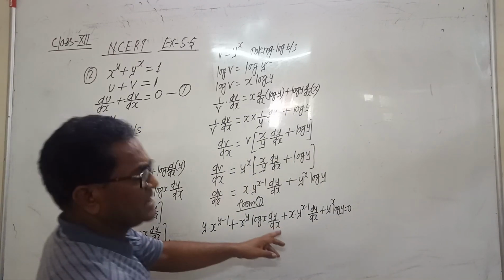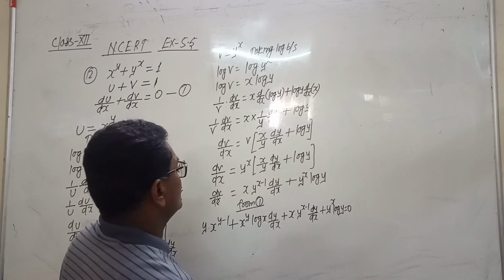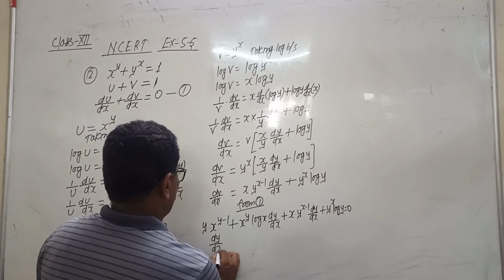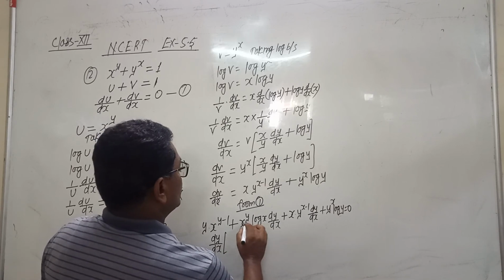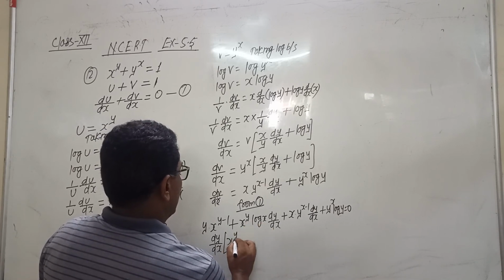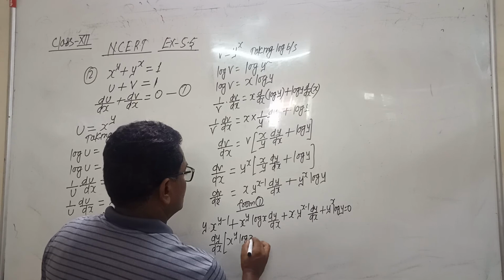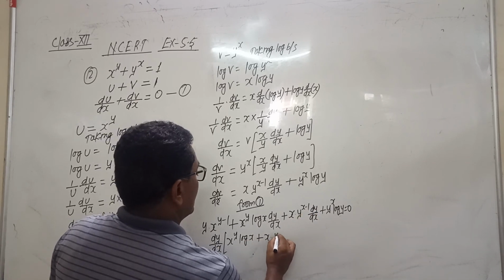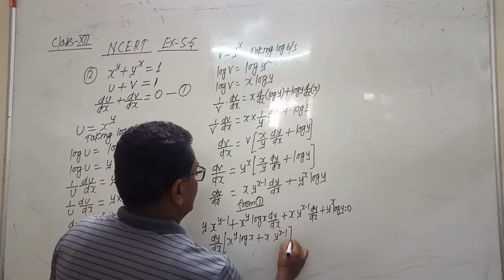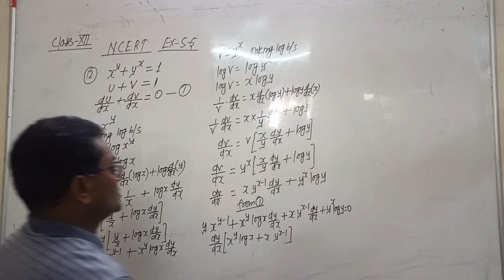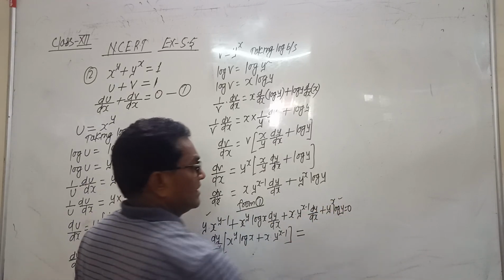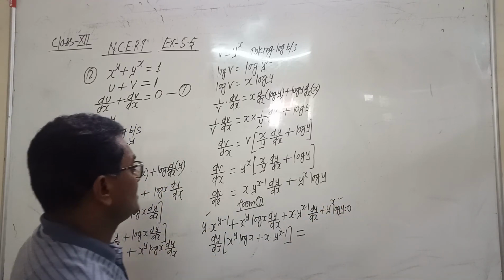So taking dy by dx as common, we get x raised to the power y into log x plus x into y raised to the power x minus 1 equals, the rest of the terms will be written on the right hand side, and their sign gets changed.